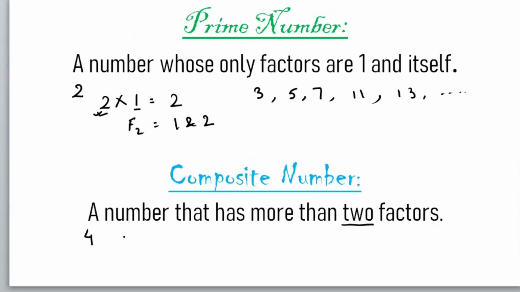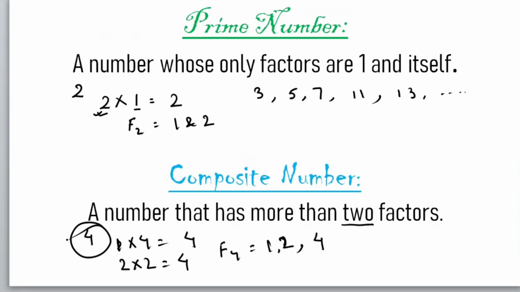What are the factors of 4? 1 times 4 is 4. 2 times 2 is also 4. So the factors of 4 are 1, 2, and 4. Here there are 3 factors. So 4 is a composite number.